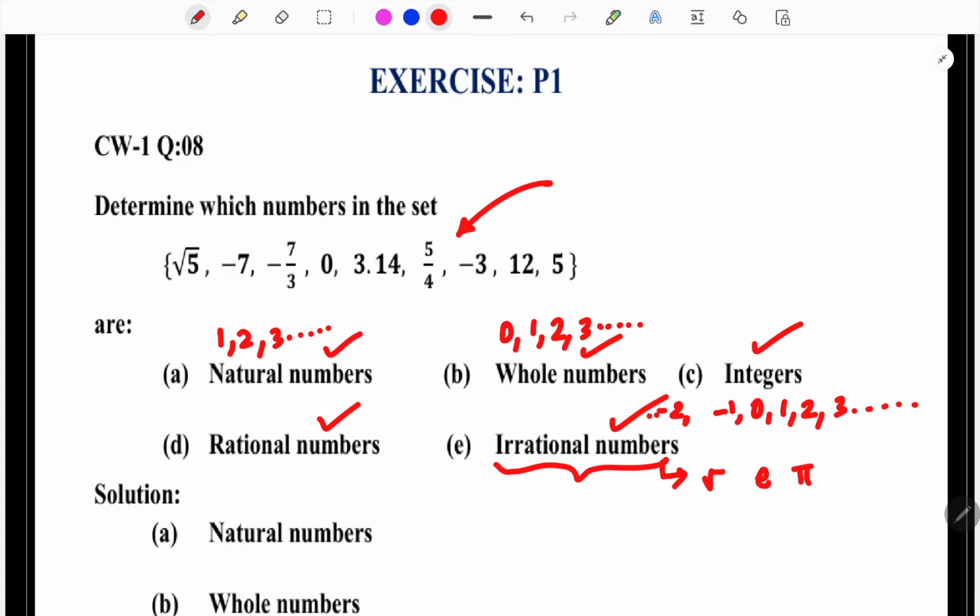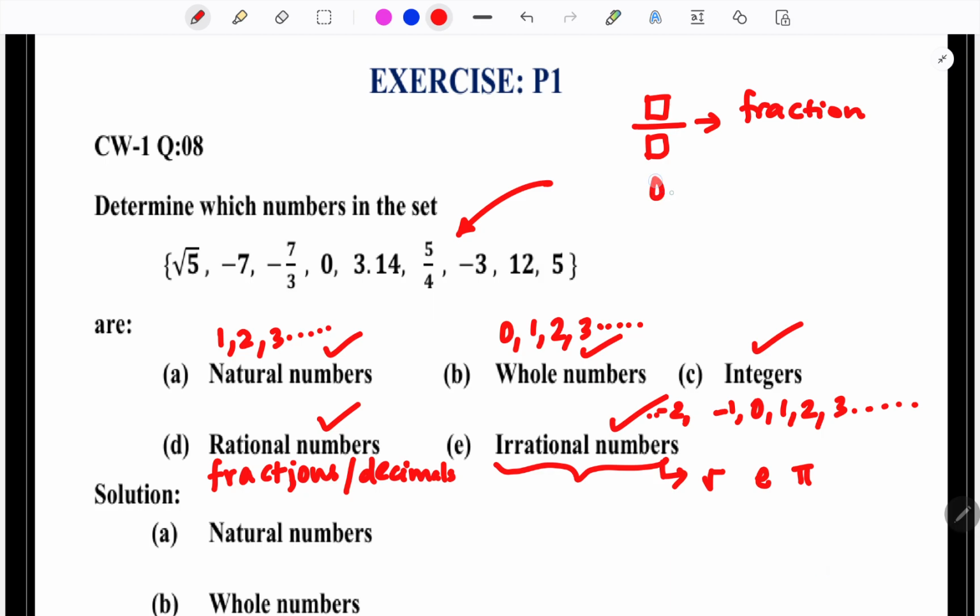Now the rational numbers: we have fractions and decimals, and these are all called rational numbers. This is called a fraction, and this is called a decimal. These are all new English words. Keep them in your mind.